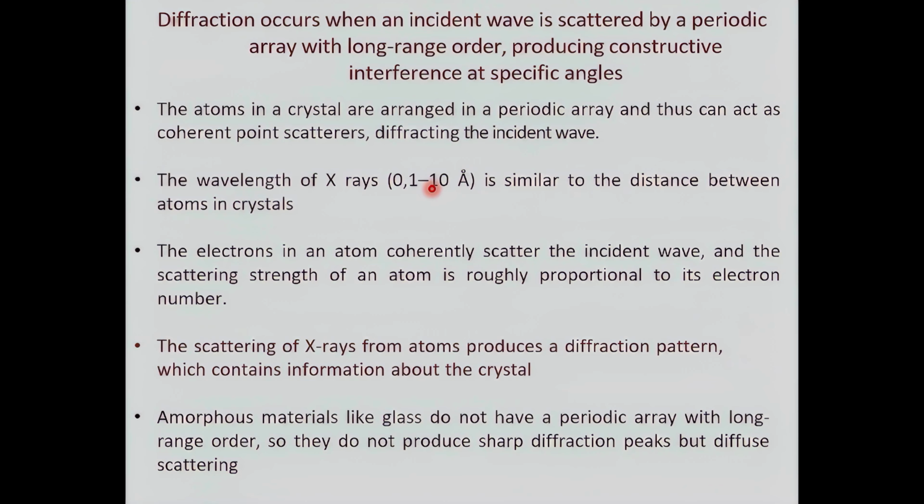And the diffraction effect in crystallography, we call this a diffraction pattern, which contains all the information about the crystal, and then we can use the diffraction effect to study our crystal.